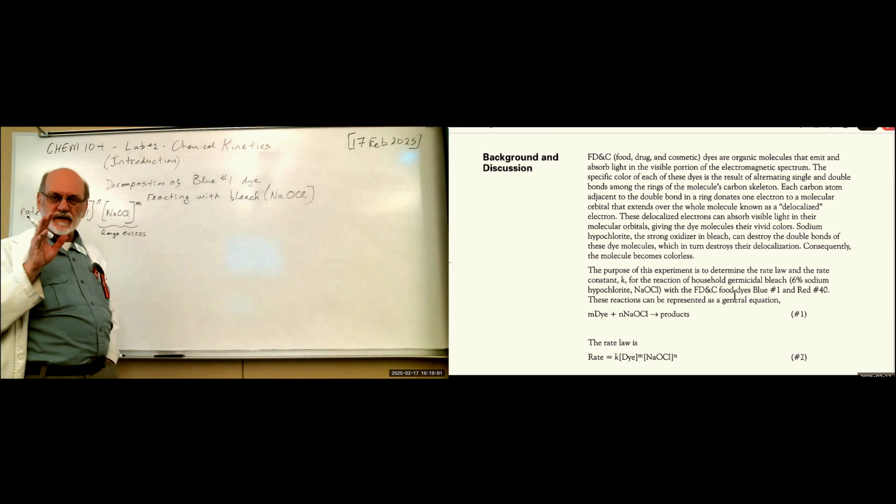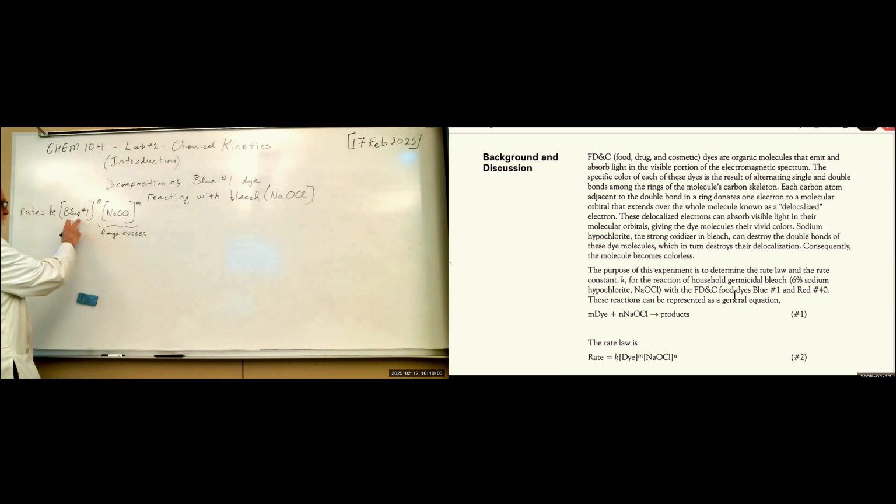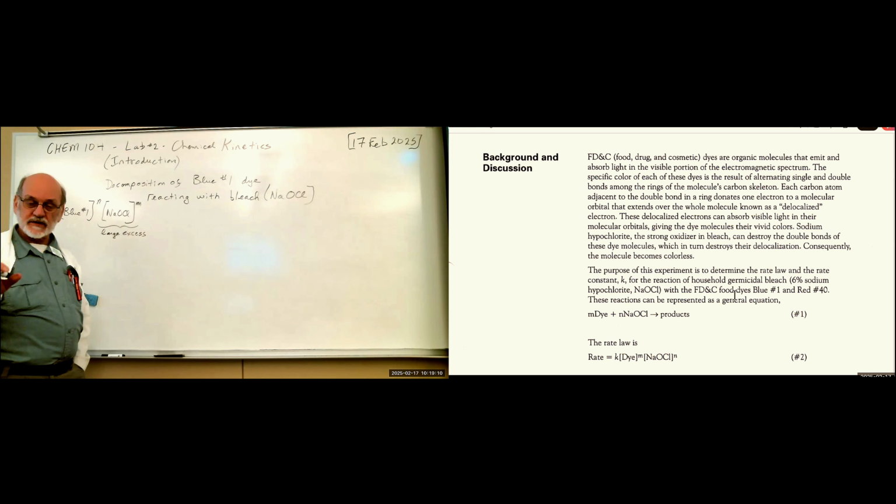But how are we going to track the disappearance of the blue number 1? Well, what the bleach is going to do is decolor it. In other words, it won't absorb and give you the blue color anymore.